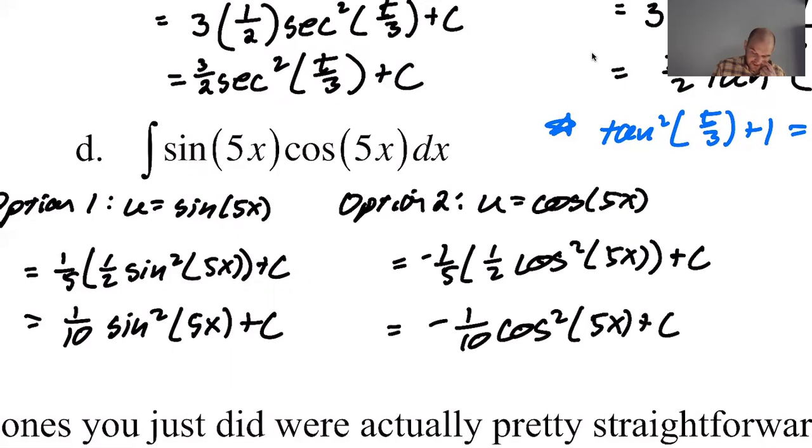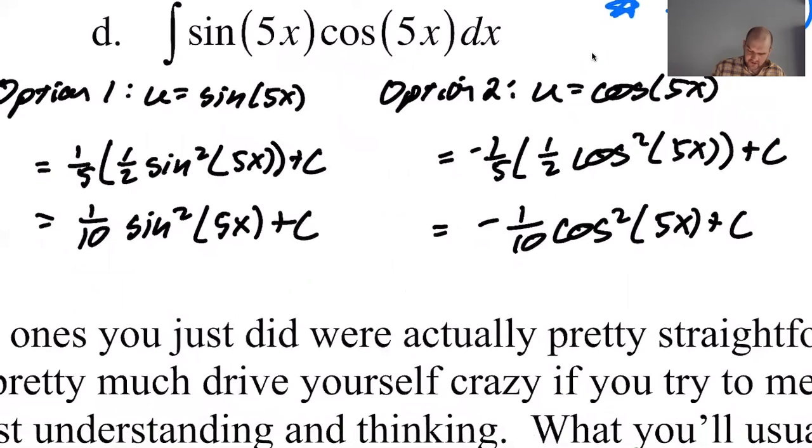So it's not really obvious that these are equal, unless you're thinking sine squared plus cosine squared equals 1. So sine squared of 5x plus cosine squared of 5x equals 1.